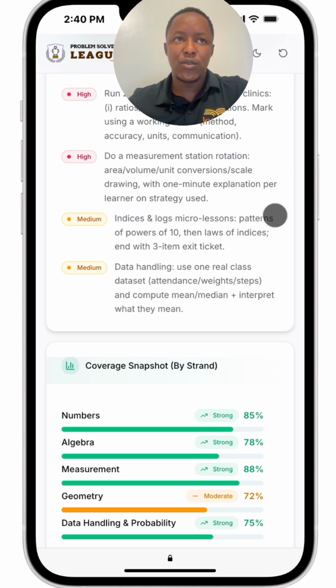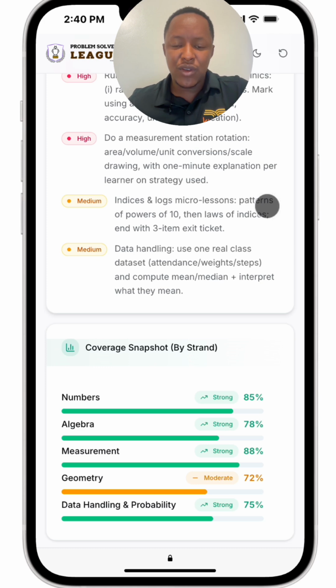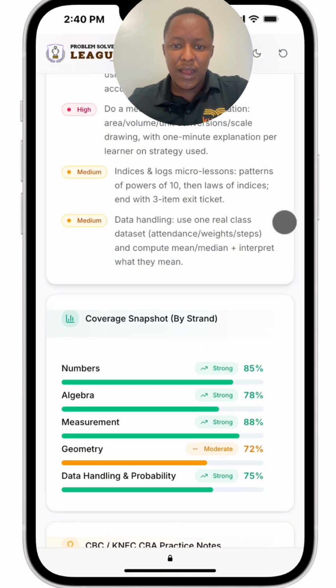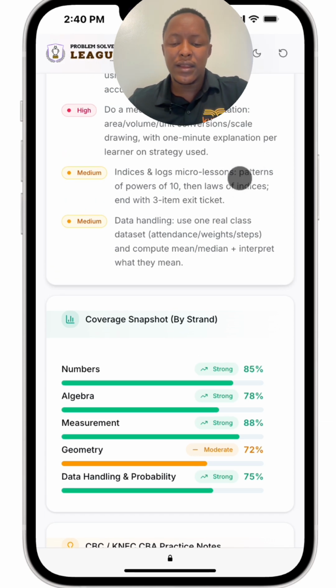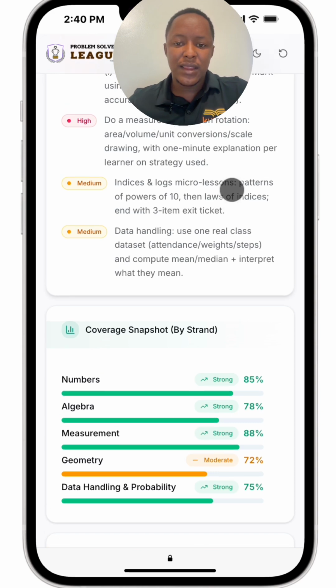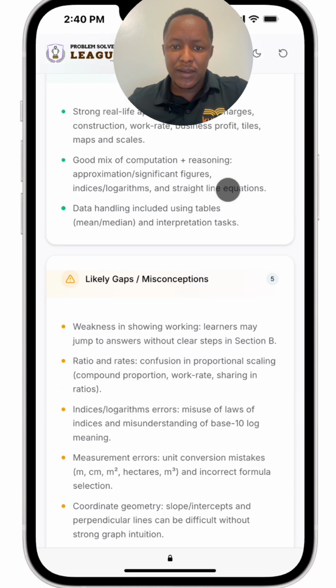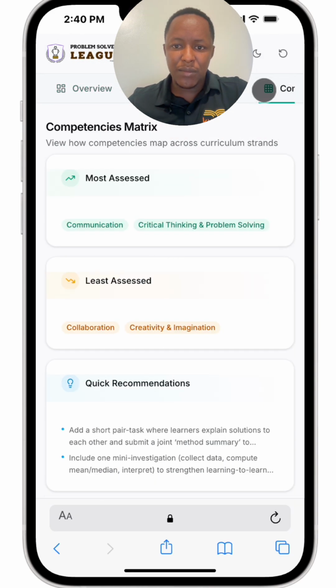If you're able to help learners understand in a very practical way how to convert measurements, whether in area, volume, or scale drawing, that's going to be very important. Indices and log microsessions, I talked about that as well. And also data handling in class. You need to understand the mean and median, and help learners understand what that means.